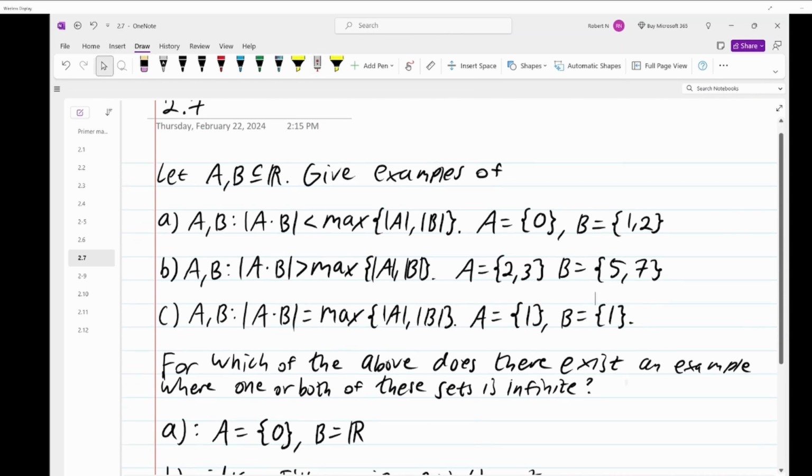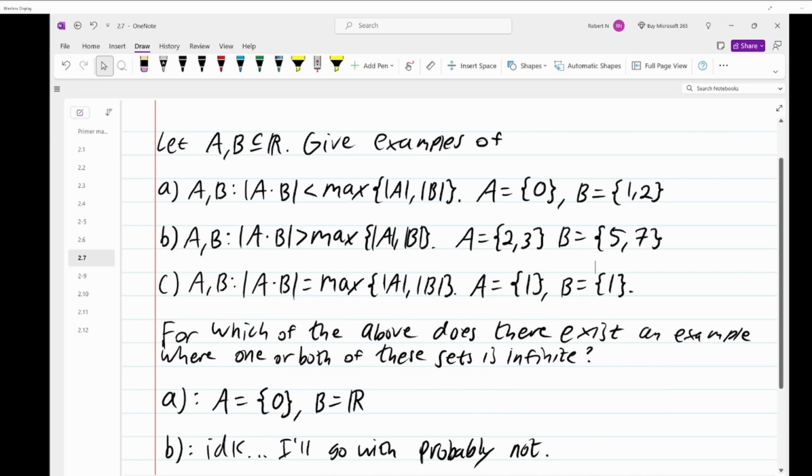And for B, I couldn't think of an example of an A and a B such that the cardinality of A times B is greater than the max of cardinality A, cardinality B. It's hard to multiply something by something that's infinite and get something that's uncountably infinite, as far as my understanding goes.